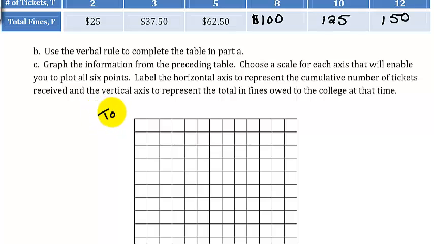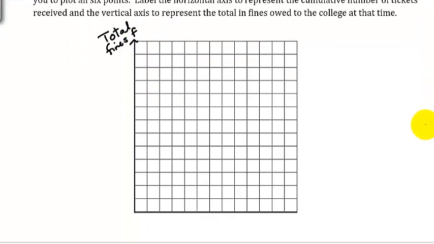So this is going to be our total fines. And they're calling that F. And then along this axis, it's the number of tickets.